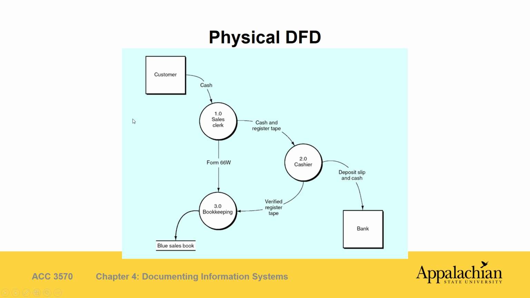And it's nouns: cash register tape, verified register tape, blue sales book, which is a data bank. Then it goes to the cashier, internal controls verify the register tape that bookkeeping does, and then the deposit to the bank.